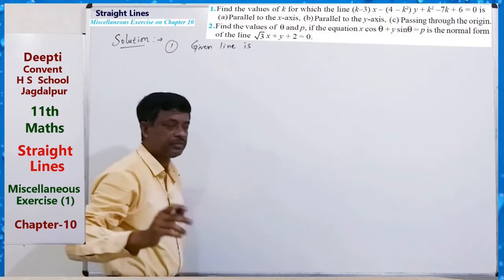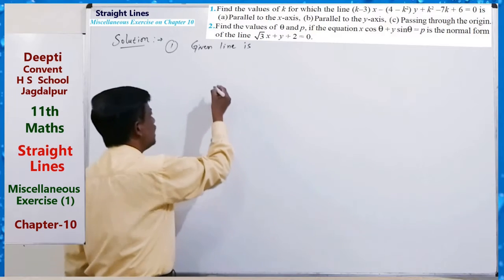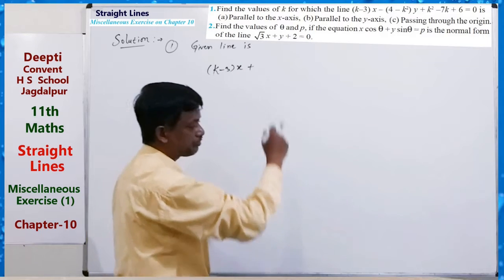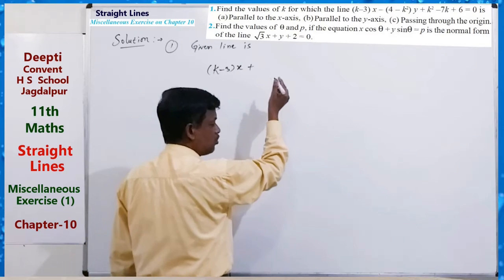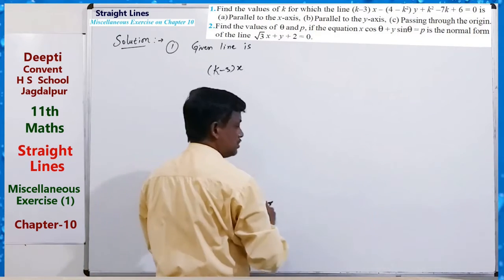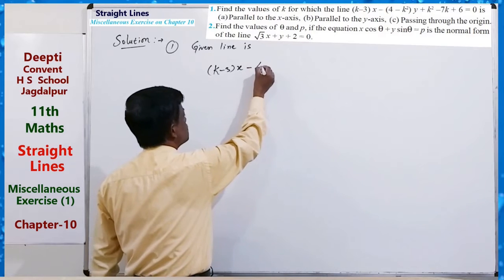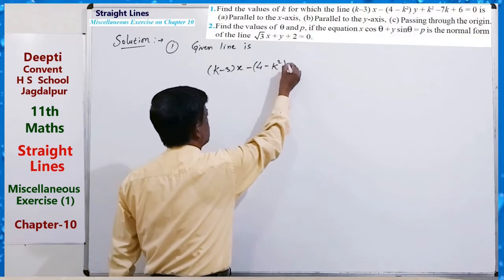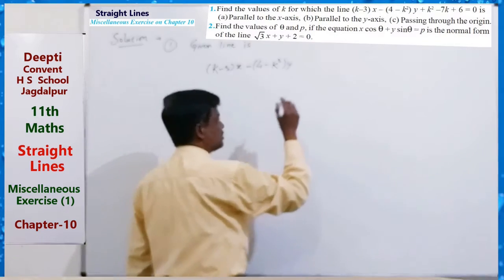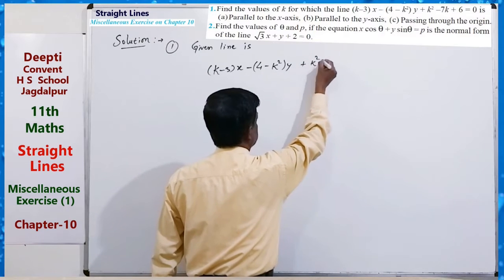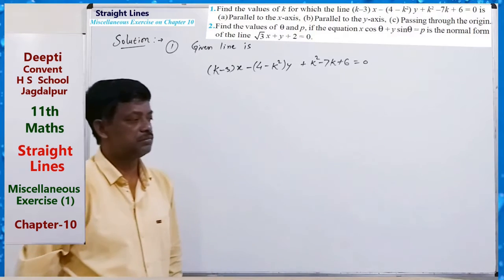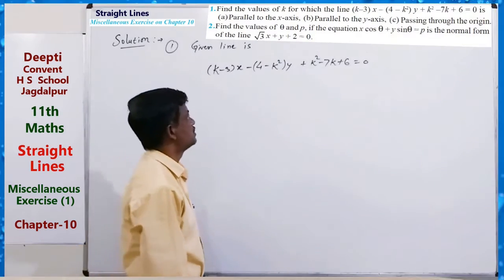The given line is (k minus 3)x plus (4 minus k square)y plus k square minus 7k plus 6 equals 0.